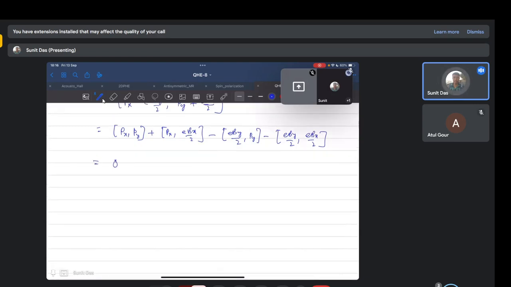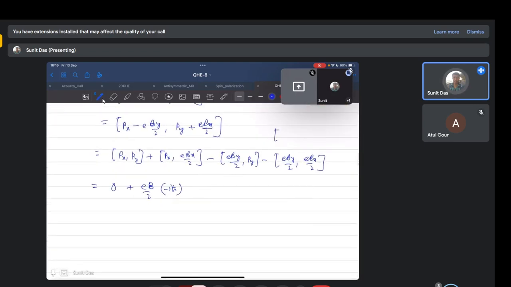So this is 0 because px and py already commute, and this part will have some contribution which will be minus i h bar, because we know that the commutator of xi, or in general ri, with pi is i h bar.